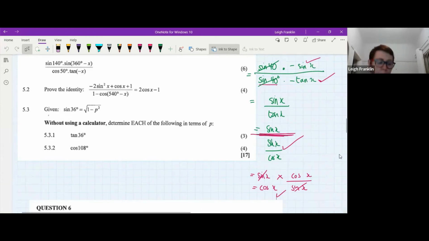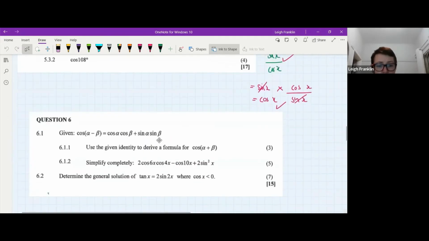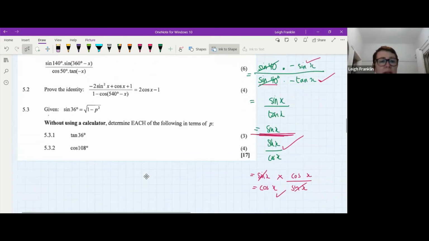There are sometimes questions where you have to work with the left and then the right separately, arrive at the same answer for both, and then conclude that left-hand side equals right-hand side. But you cannot move terms from one side to another. It's not an equation. You will be penalized heavily if you do that. Probably take all 4 marks away from you.